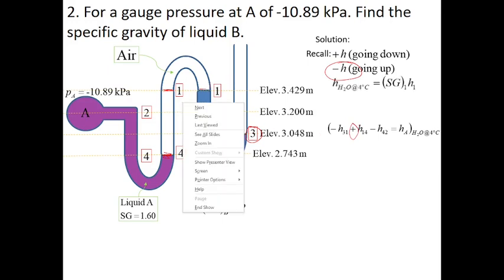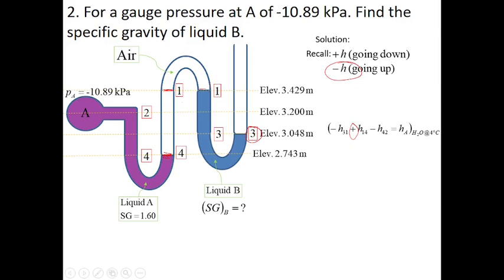So plus H14. Next, same at this interface, going down, then going up.